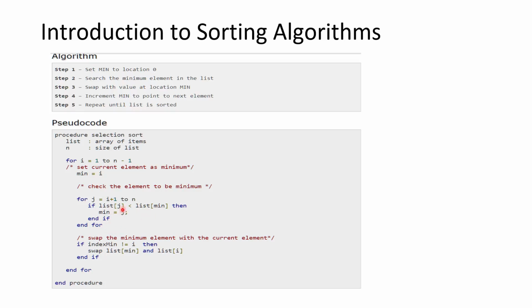And then if we have a less than, if that's true, then we have a new minimum. And then we swap the element with the current element if the index is minimal, and then we just completely iterate through the list.